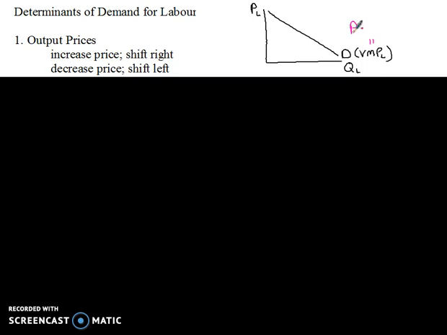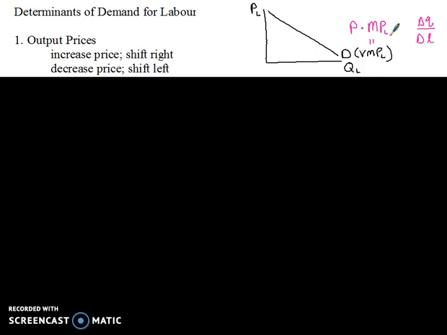So this would be the price of the televisions multiplied by the marginal product of labor, which is, remember, the change in quantity or output divided by the change in the number of workers, divided by the change in labor. So the value of the marginal product is made up of the output price times the marginal product of labor.